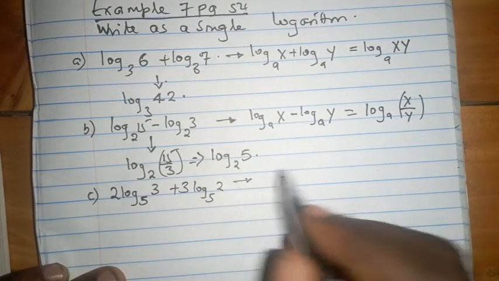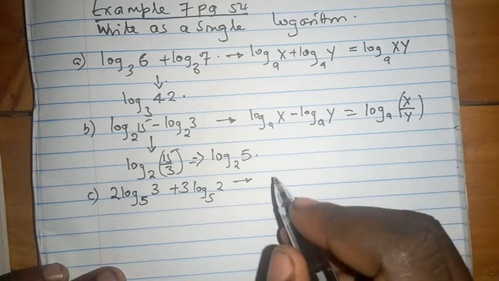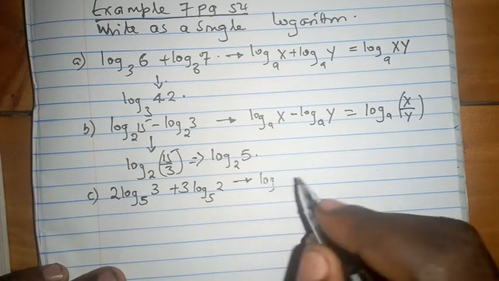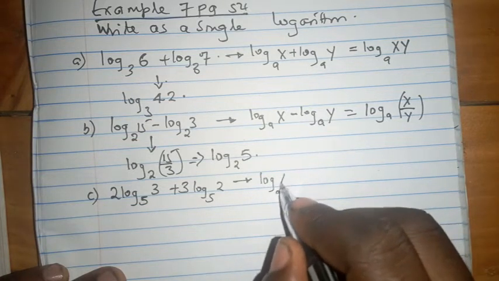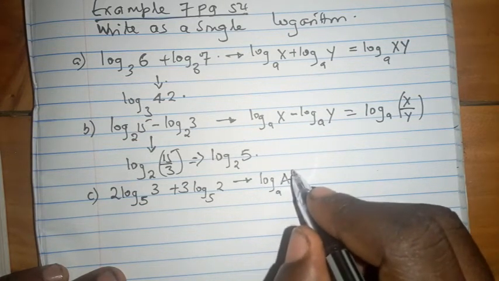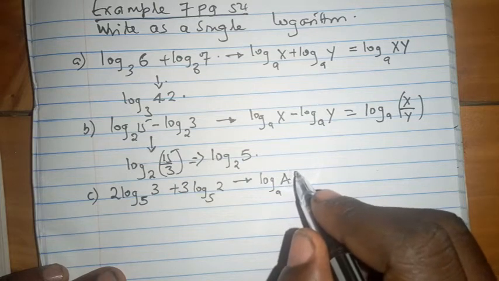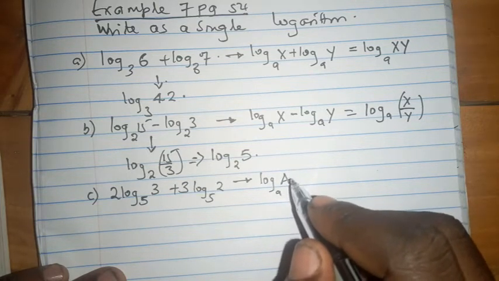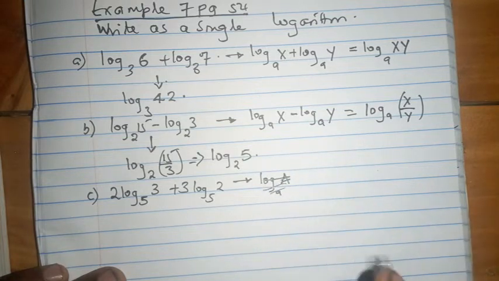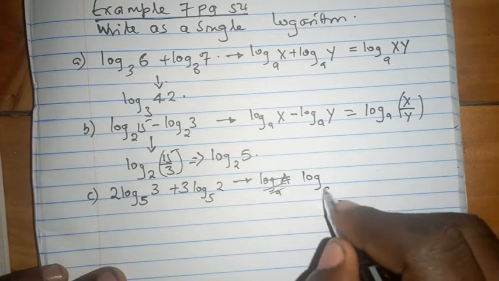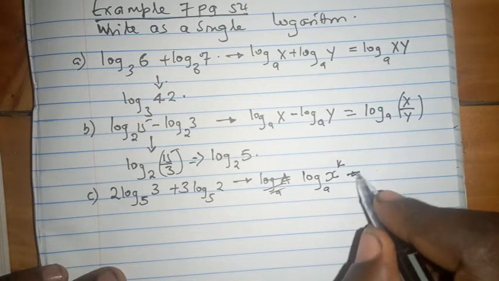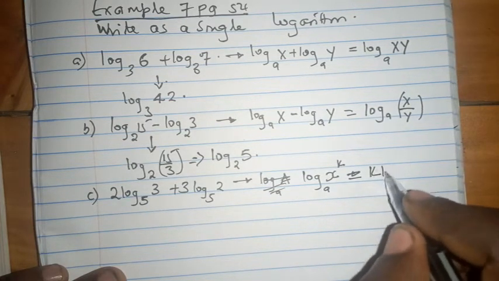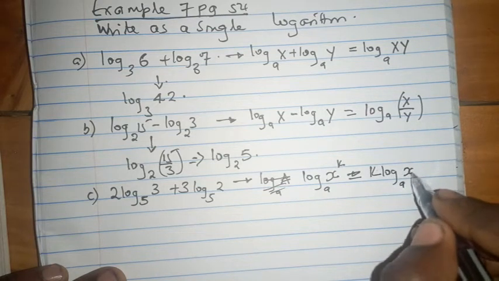This one is generated from the law of logarithms which says log to base a of x raised to power k is the same as k log to base a of x.